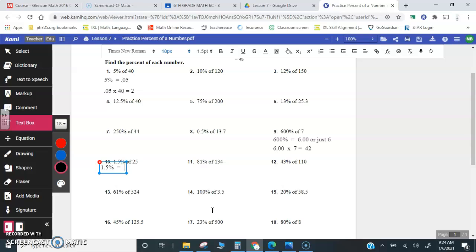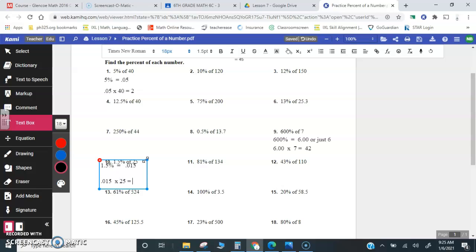If you move that decimal to the left 2 spots, you end up with 0.015, okay? And we're just going to rinse and repeat. We're going to do the same exact thing. All right, we're going to take that 0.015 and we're going to multiply it times our whole, which looks to be 25.